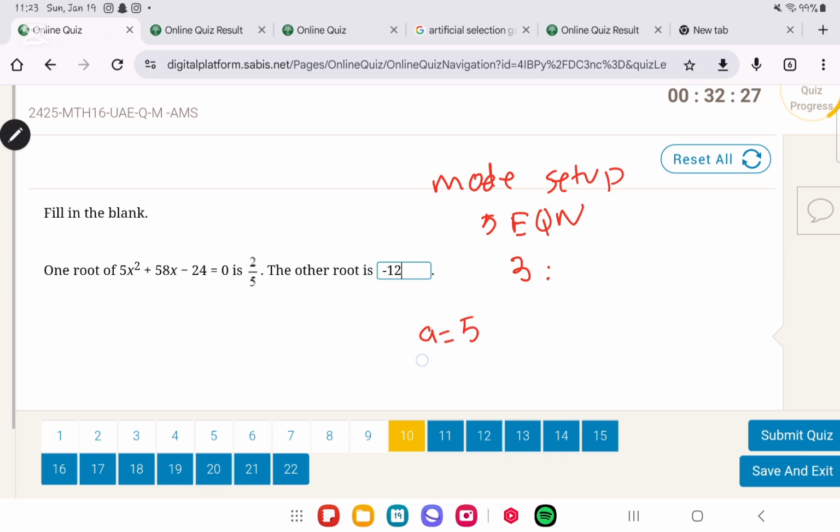In B, you are gonna put 58. And in C, you are gonna put minus 24. So if you put it, you are gonna get that x1, which is the first root, is 2 over 5, and x2, which is the second root, is minus 12. You can either do it this way or the discriminant way. However you feel that is good for you, you can do it.